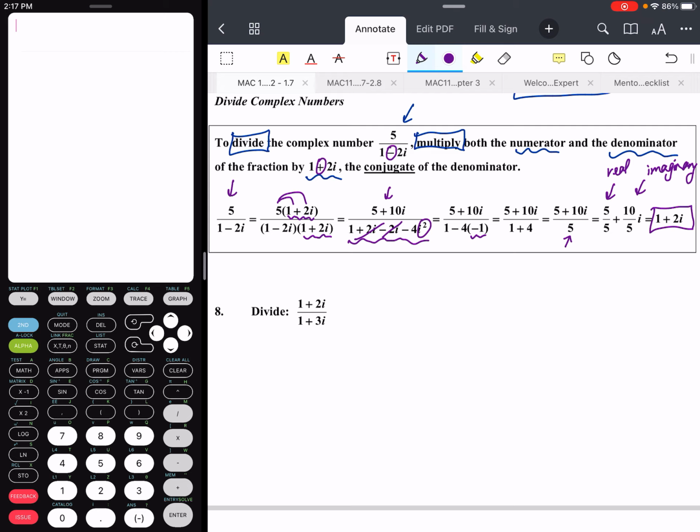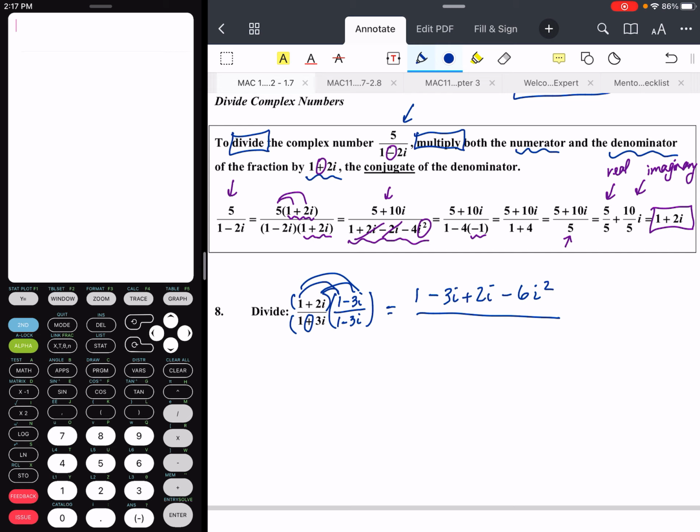All right, so looking at number 8, the conjugate of the denominator would be 1 minus 3i, so I'm going to multiply by 1 minus 3i and 1 minus 3i, top and bottom. So up in my numerator, I'll go ahead and FOIL these. So 1 times 1 is 1, minus 3i, plus 2i, and then minus 6i squared.